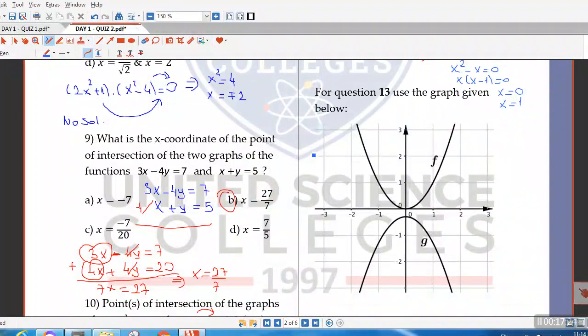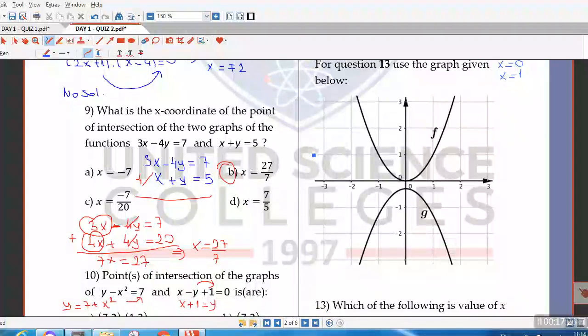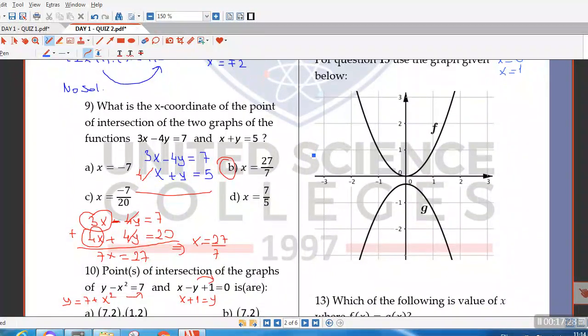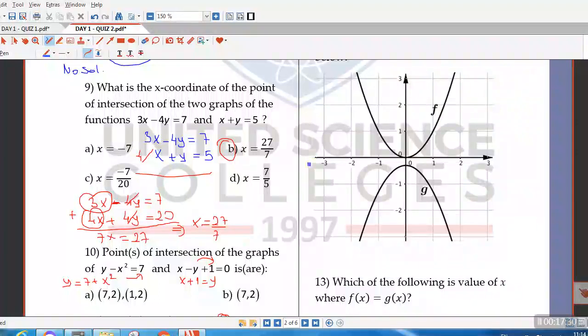The graph will be used to answer question 13. f of x is equal to g of x. It is not written, but whenever I see this writing, I am going to remember points of intersection of two graphs.